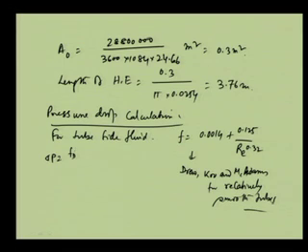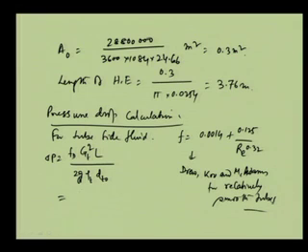delta P is nothing but Darcy's friction factor into G tube side whole square into L by 2g into rho T into dt naught. Here this GT we know, FD is Darcy's friction factor, we can calculate from here, L is the length, g is the acceleration due to gravity, rho T we know, and dt also we know.